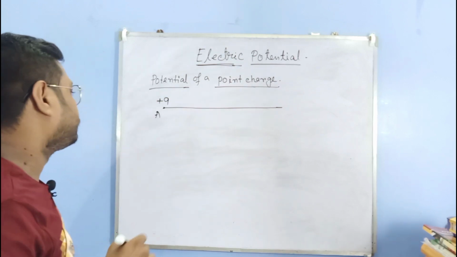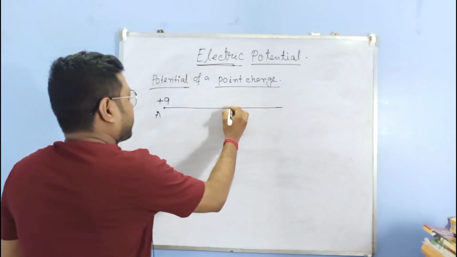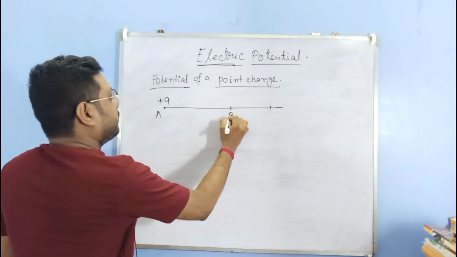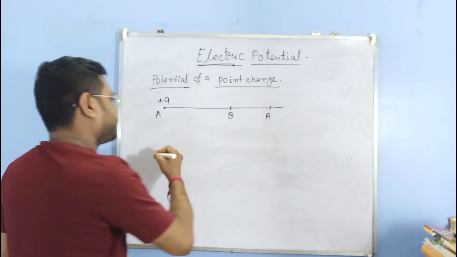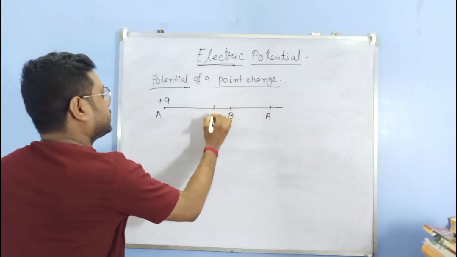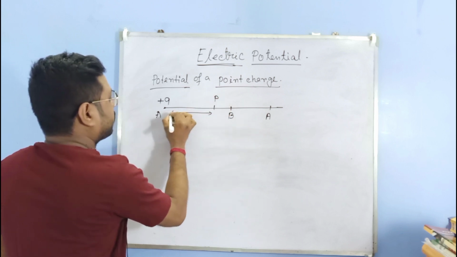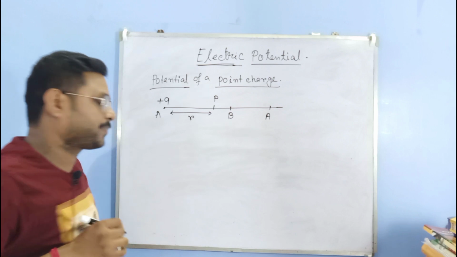Therefore, this is point B and this is point A. We have to find out this point P. P is at a distance R from the source charge.